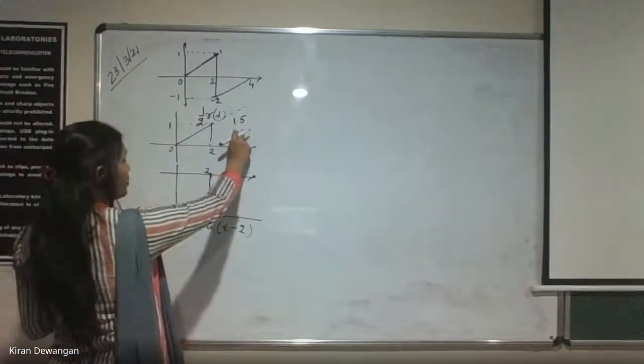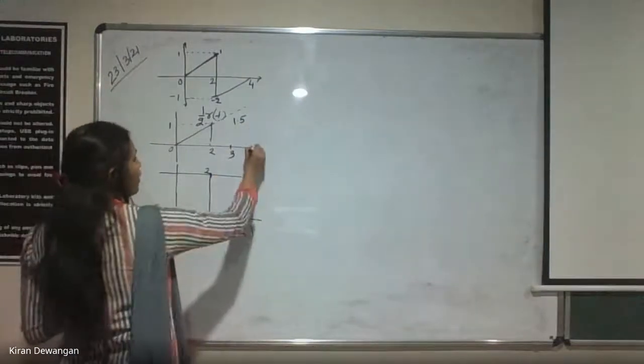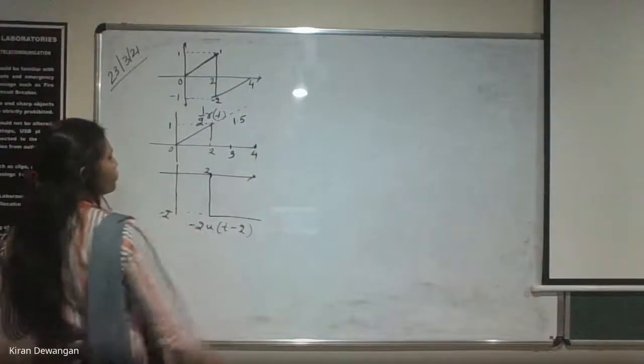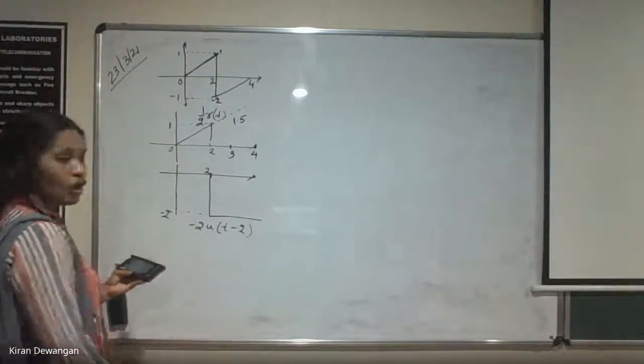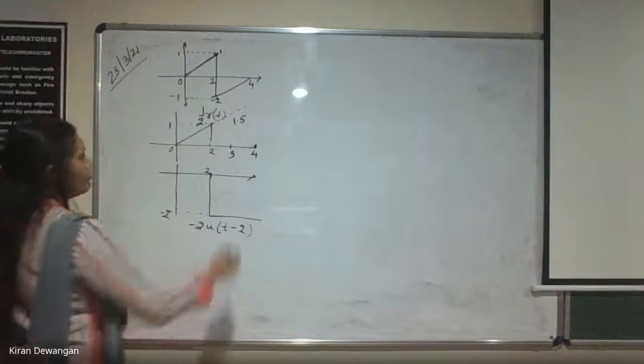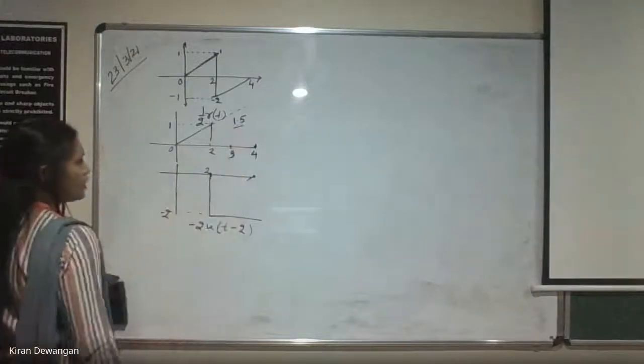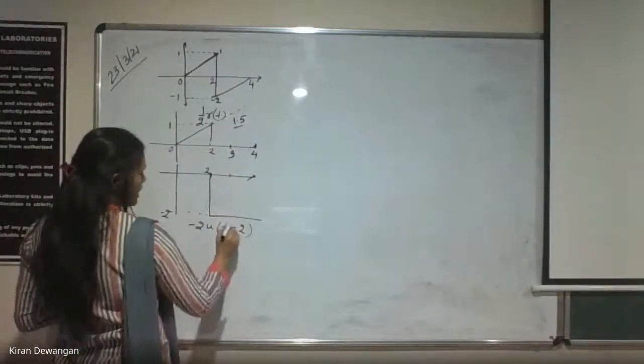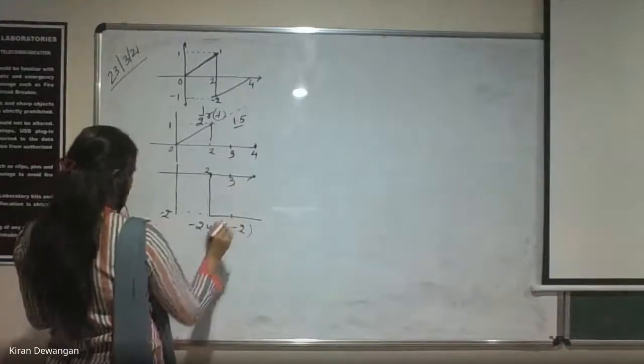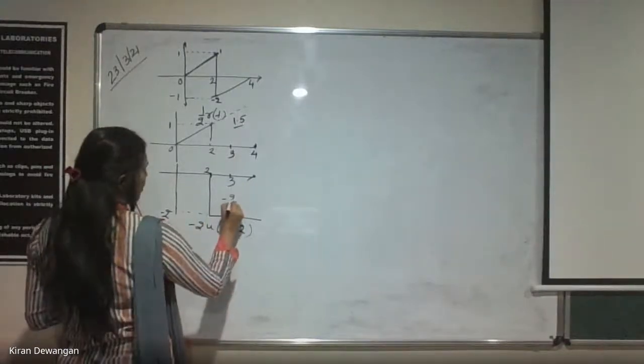Correct. It will be 1.5, not 2. Where will 2 be? Here at 4 it will be 2. Clear? It will not be 2. It will be 1.5. So at 3, this value is 1.5, and at the same point 3, this value will still be -2.